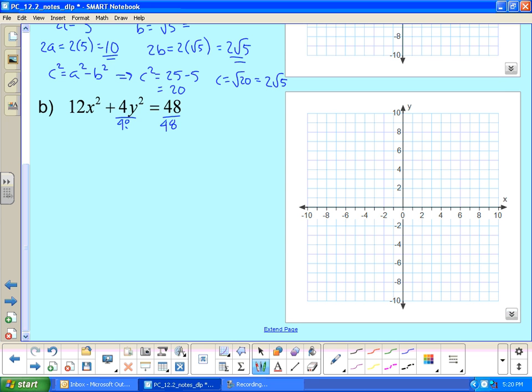First thing we would do is create a 1. So I get x squared over 4, y squared over 12 equal 1. There's the bigger number. So that means my major axis is the y-axis now.